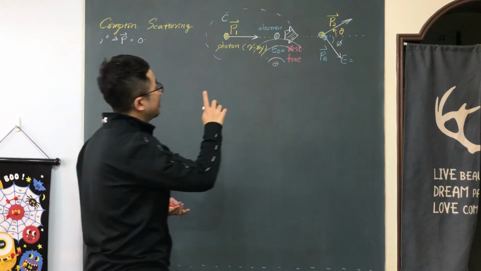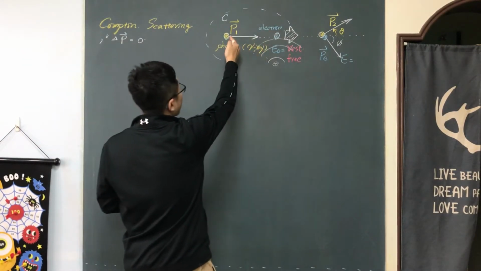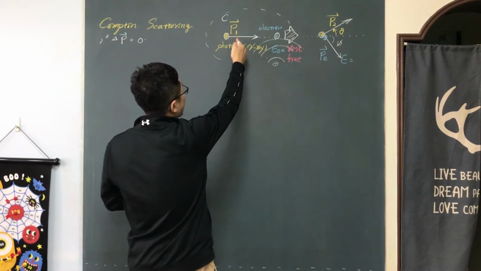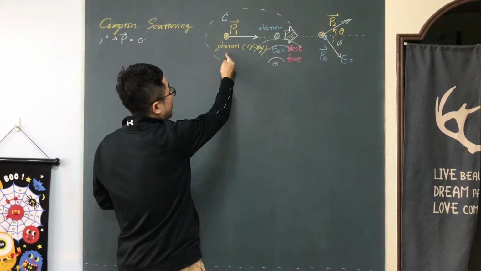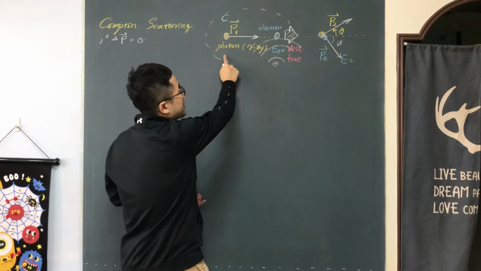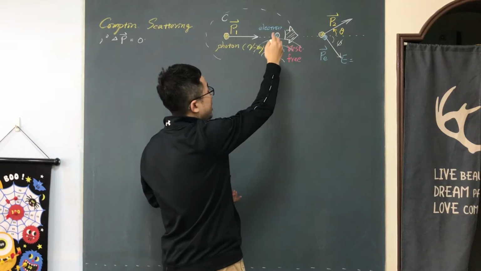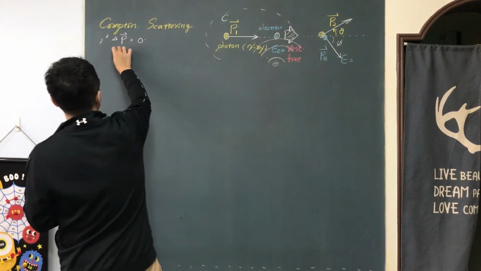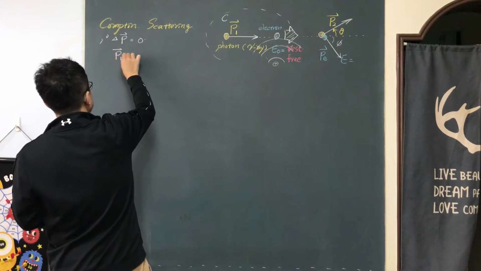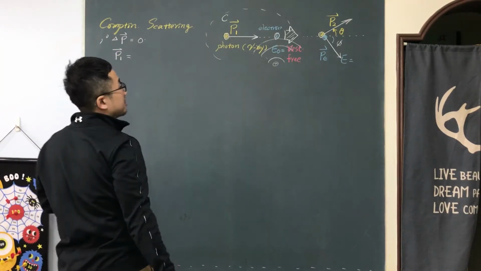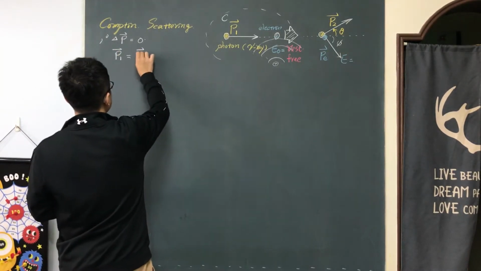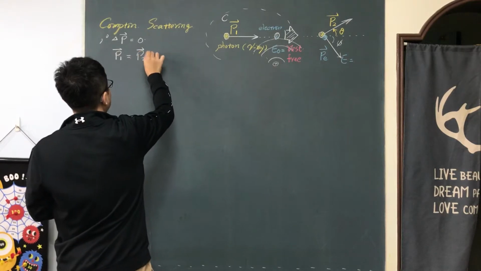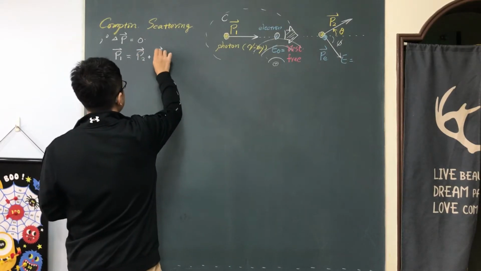At the beginning we have P1 to denote the momentum of the incident photon. And since the electron is at rest at the very beginning, it has no momentum, so P1, the incident momentum, is equal to P2 plus PE.